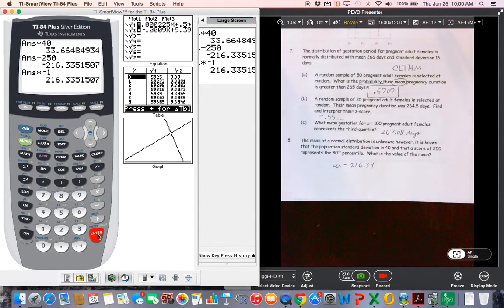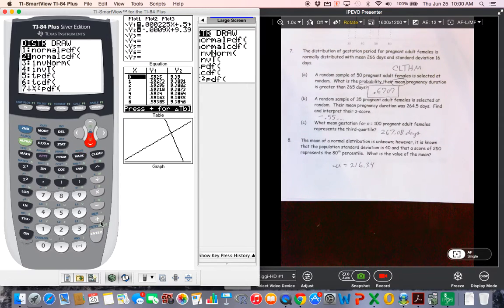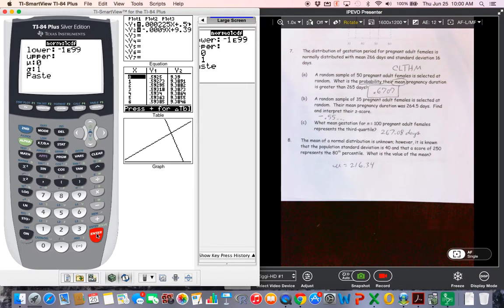Now, you're taking your test here in a few days, and you get that answer, and you're wondering, well, I wonder if it's right. Well, let's just try it out and see if it's reasonable, see if it's plausible. We know that a score of 250 represents the 80th percentile, so we're saying that the area below that, or to the left of that, when the mean is 216.34 and the standard deviation is 40, should be very close to 0.80.